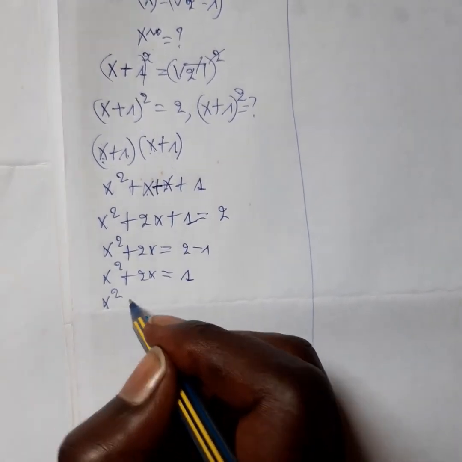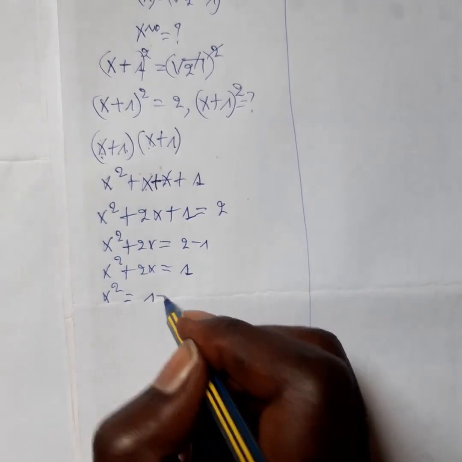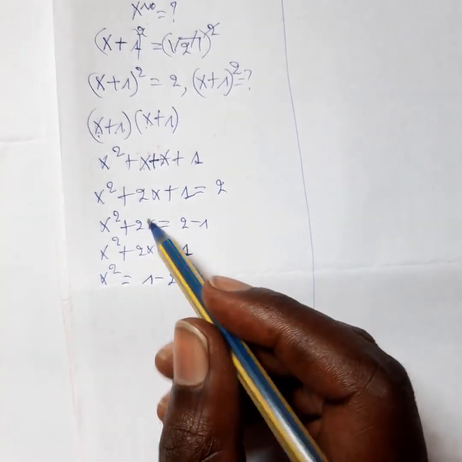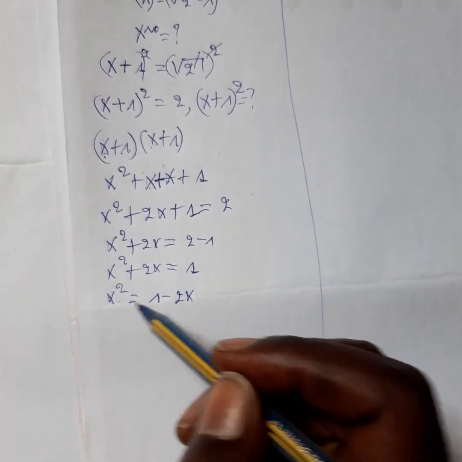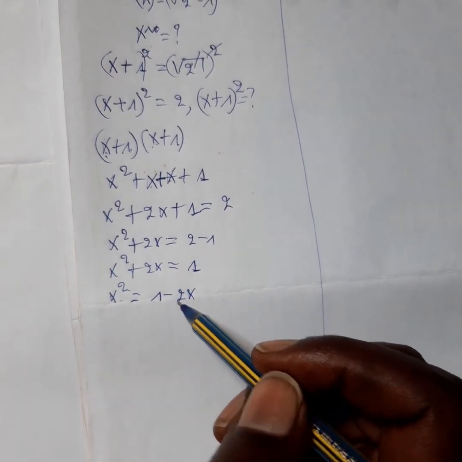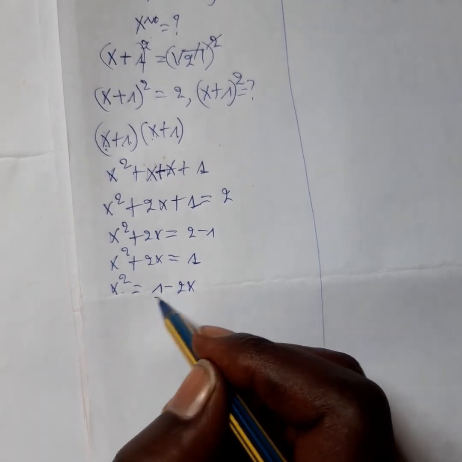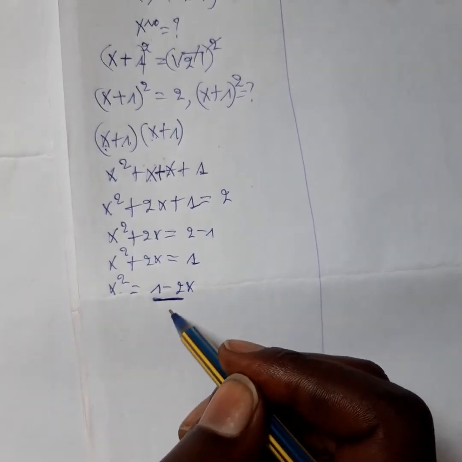Then x squared will be equal to 1 minus 2x. So this is the value of x squared in terms of x.